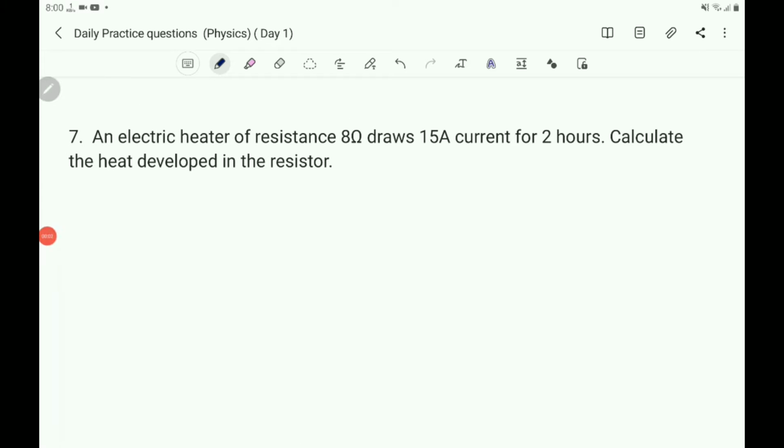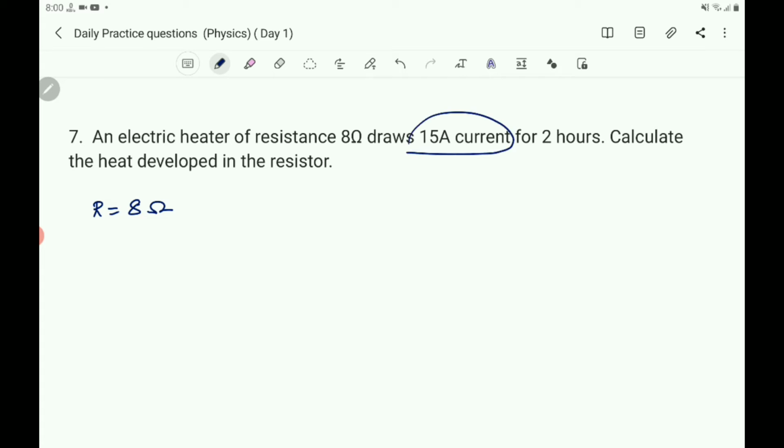Now the question number 7. An electric heater of resistance 8 ohm draws 15 amps current for 2 hours. Calculate the heat developed in the resistor. So here, note down what is given. 8 ohm, that is the resistance R. R equals 8 ohm.